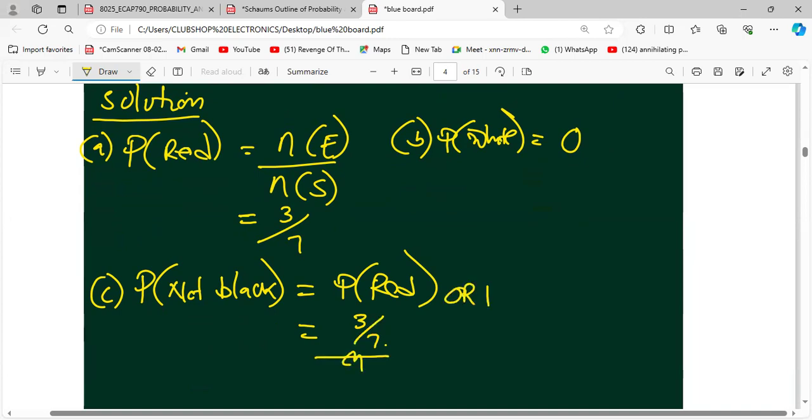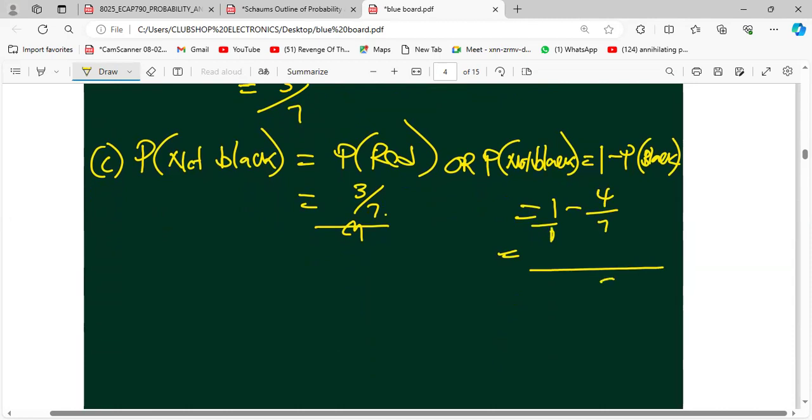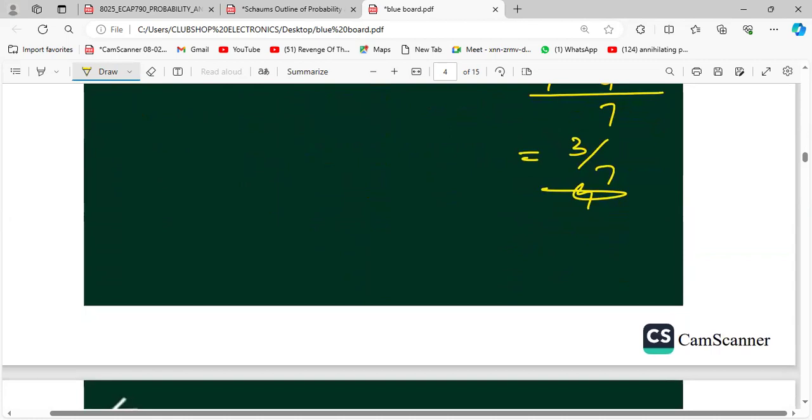Another way of doing it, the probability of not black is equal to 1 minus the probability of black, which is 4/7. So we deal with it as a fraction. The common denominator is 7, and 7 minus 4 gives 3/7, taking us to the same thing. So that's what we mean by probability.